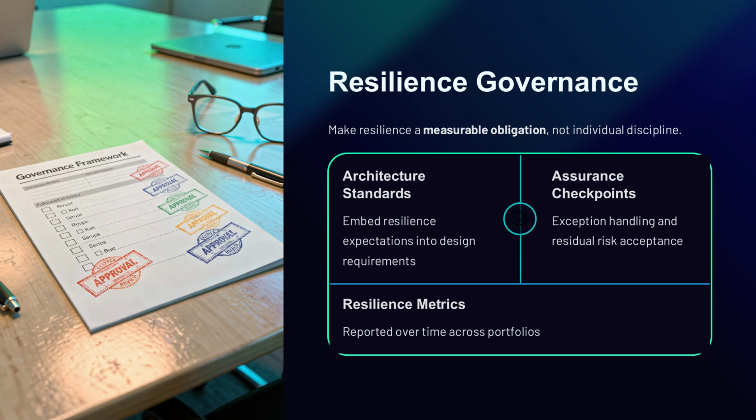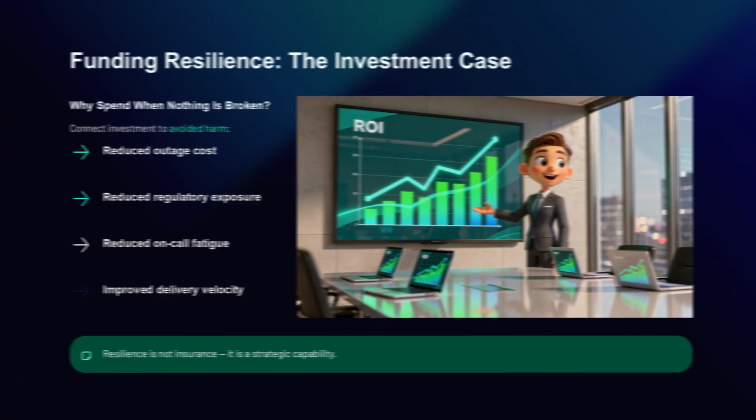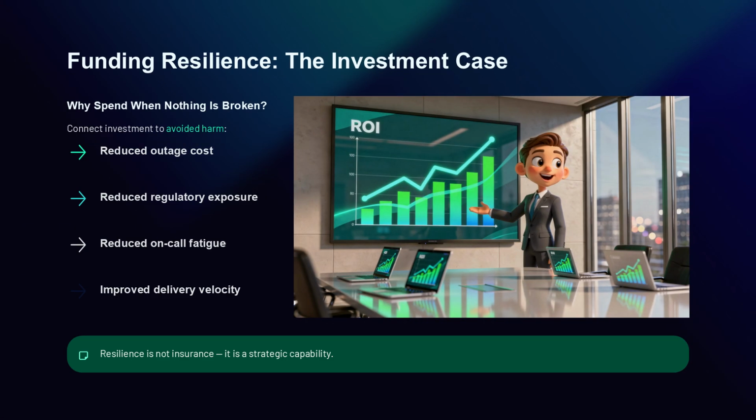When resilience is governed, it becomes repeatable across portfolios. When it is not governed, it becomes inconsistent and fragile, and critical services end up relying on luck rather than design.